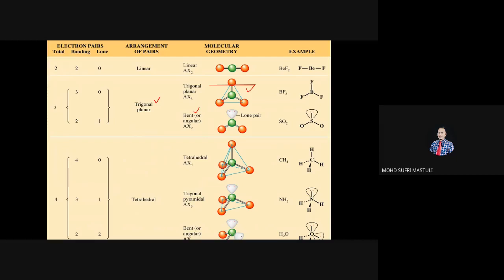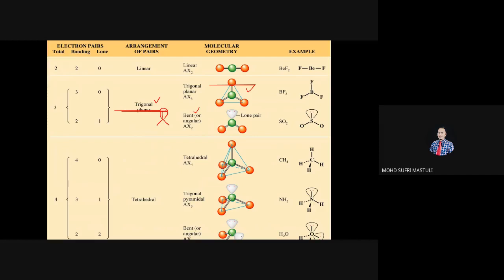First, trigonal planar, and then one lone pair, and then it becomes bent.